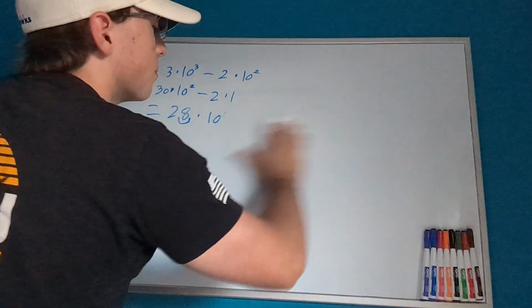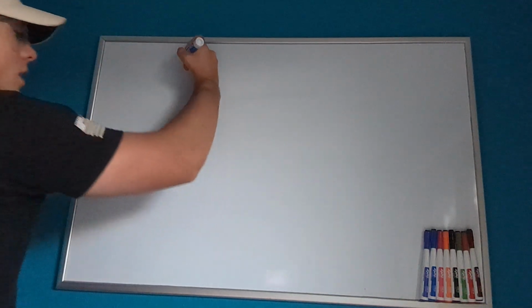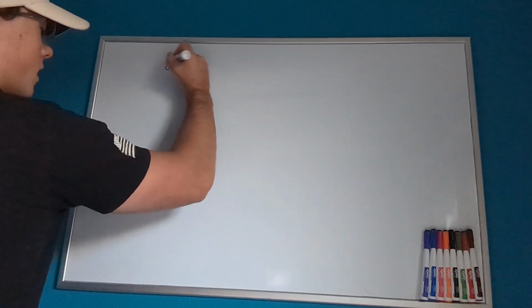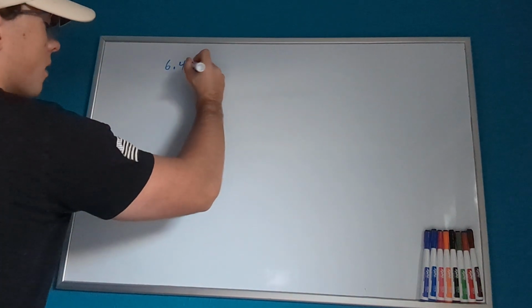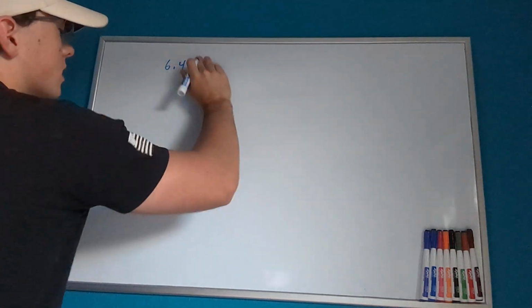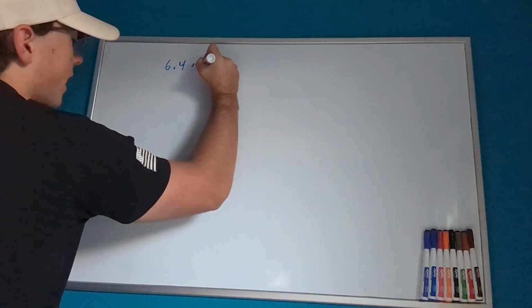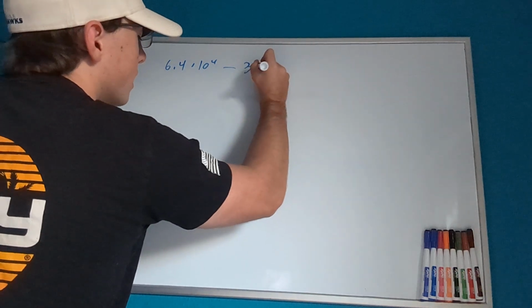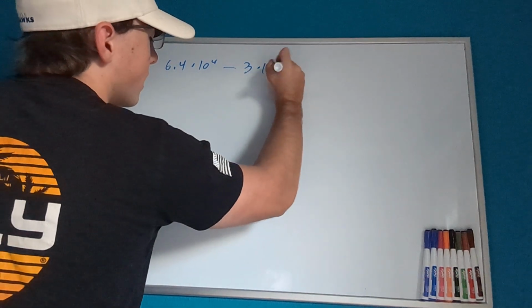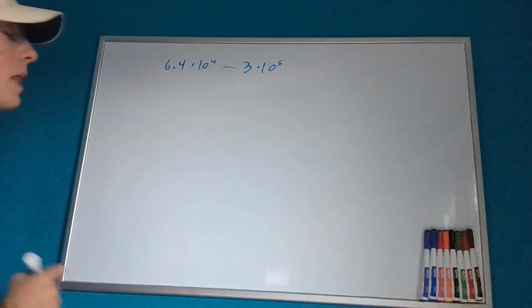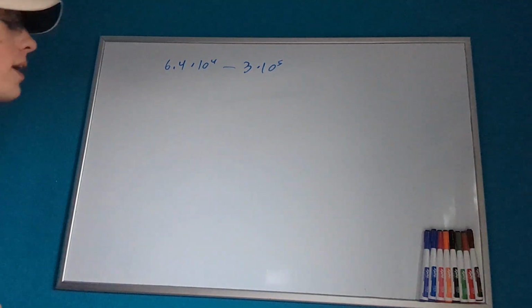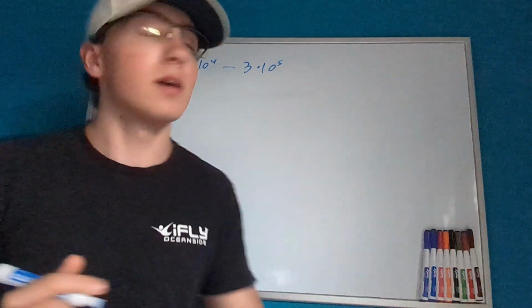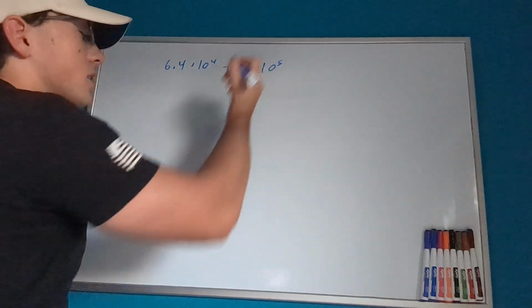So now let's do one problem with addition. So let's say we have 6.4 times 10 to the 4th minus 3 times 10 to the 5th. Okay? How do we do this? Well, what we're going to do, just like last time, this is not minus, we just did minus.